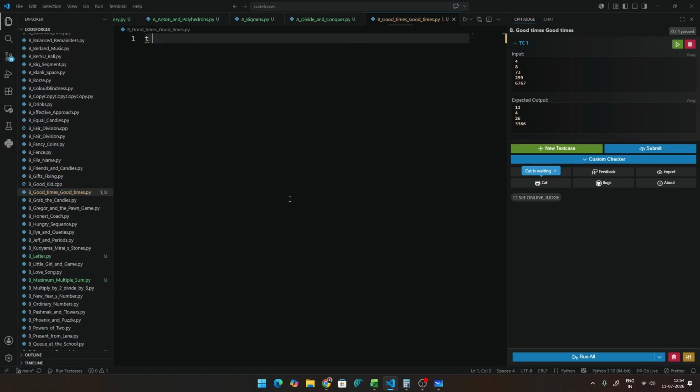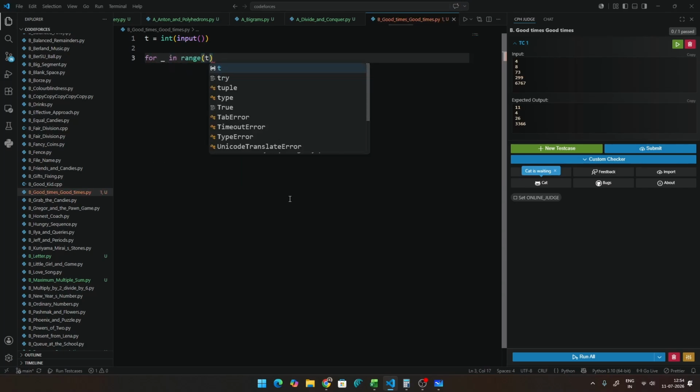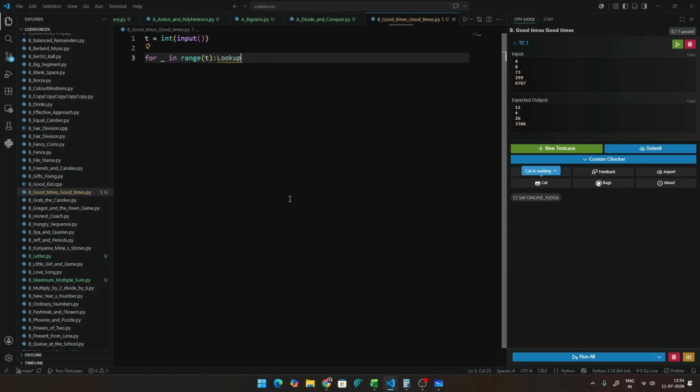Okay. All right. Very simple code, right? So t is equal to int of input, which will be the number of test cases, right? And then I'm going to do for in range of t, right? Let us take an input. So input is going to be n is equal to int of input, right? And then what do we need? Well, actually, instead of int of input, I'm going to take just n as input. Why?